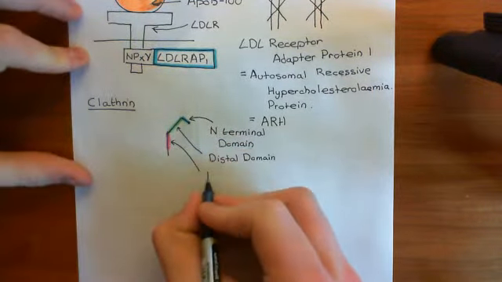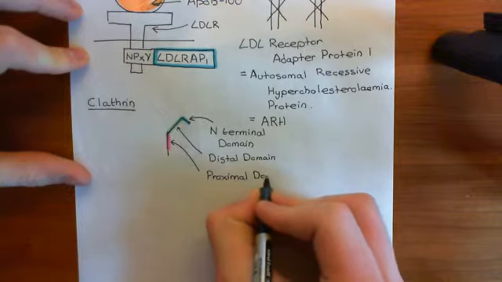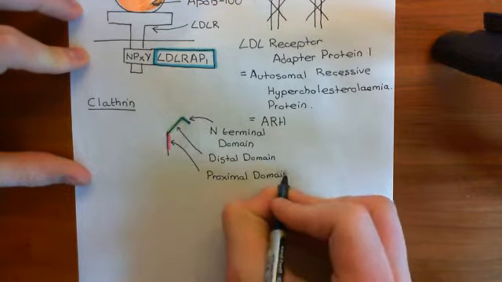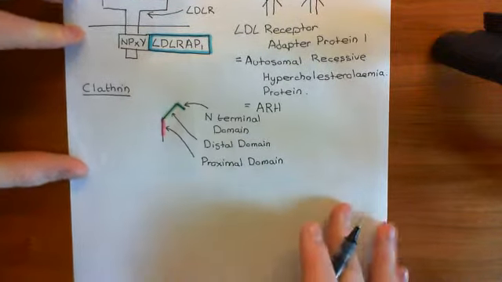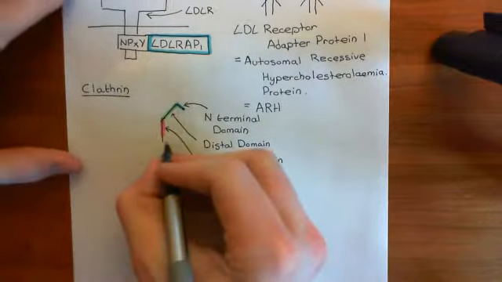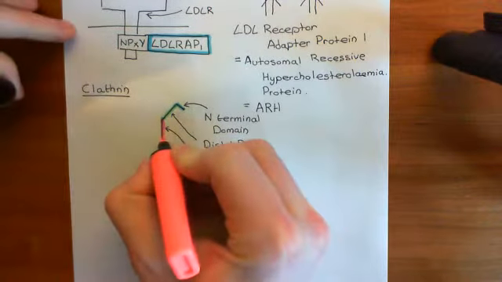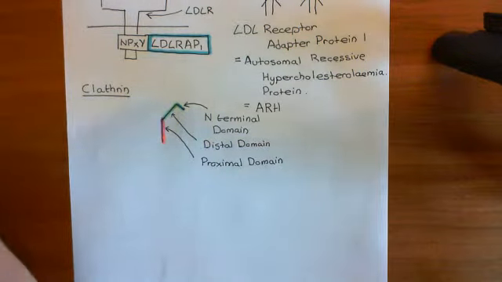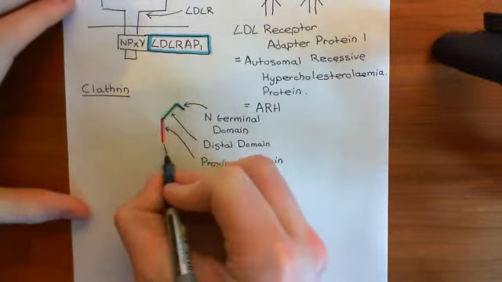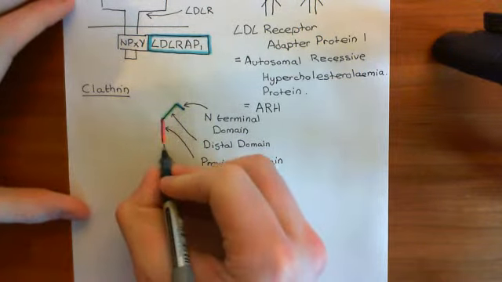So the portion in pink is the proximal domain, and then after that, the portion that's going to be right in the center of the Clathrin triskelion, which I'll highlight in red here, which wasn't a great decision because it probably won't show up that different to the pink, is called the trimerization domain.